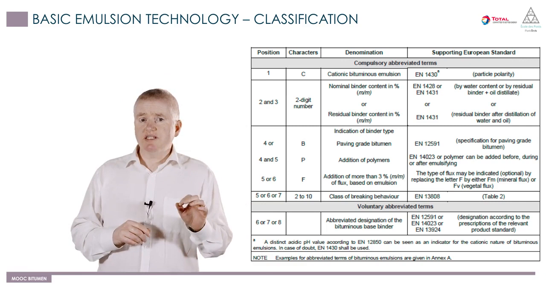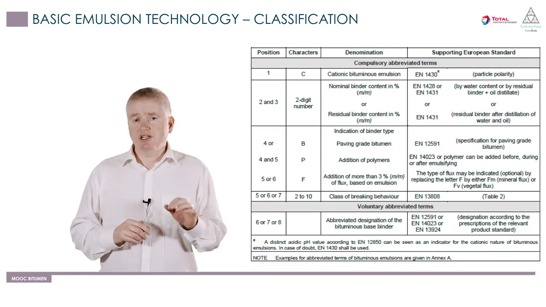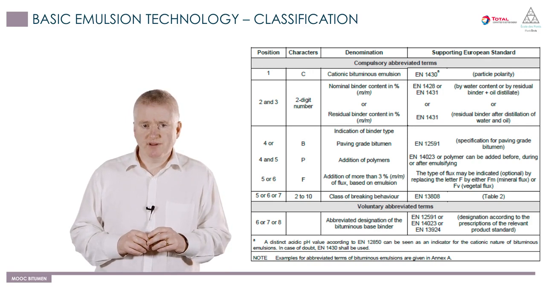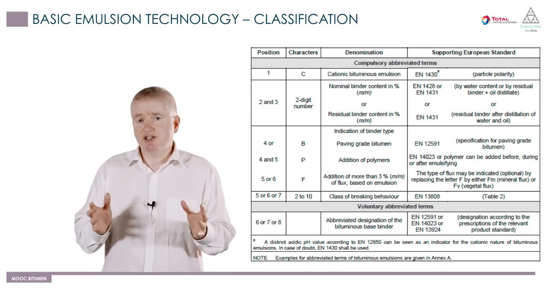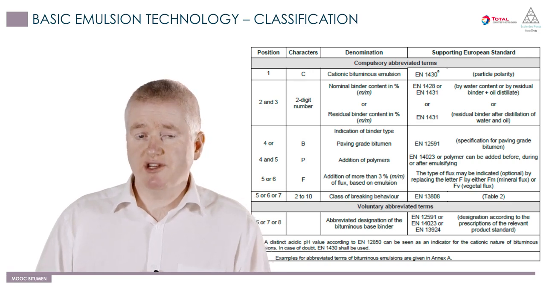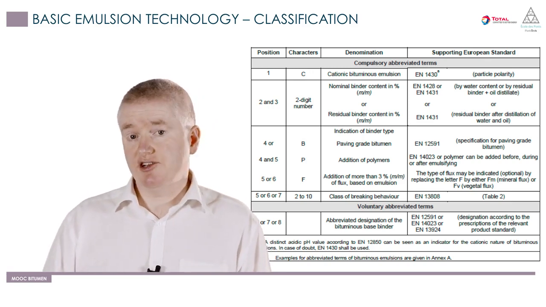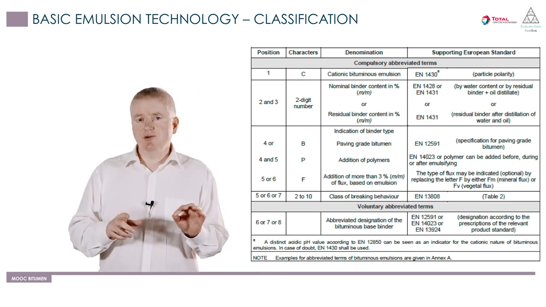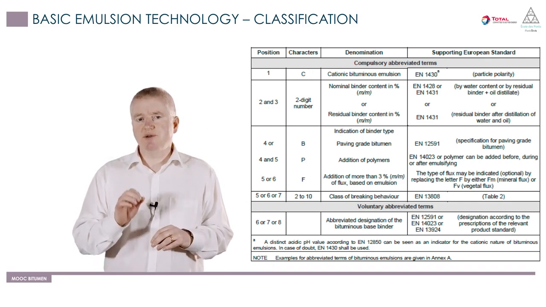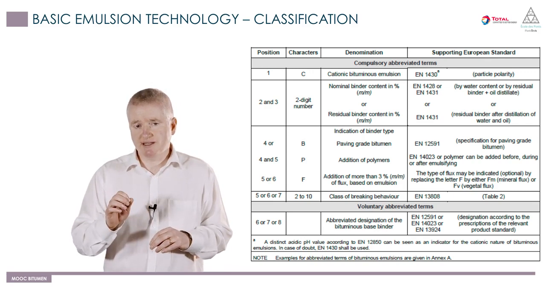The emulsions are classified or named according to a prescribed, slightly complicated nomenclature. This involves a 7-digit description of the emulsions. The first digit clarifies that the emulsion is cationic and is the letter C. Digit 2 and 3 describes the midpoint figure for the bitumen content range in percent.